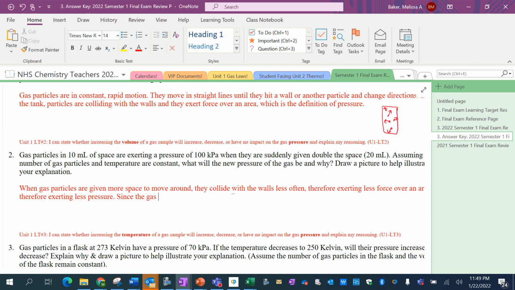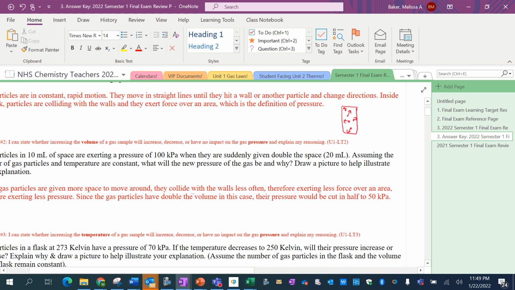Since the gas particles have double the volume, in this case, their pressure would be cut in half to 50 kPa.